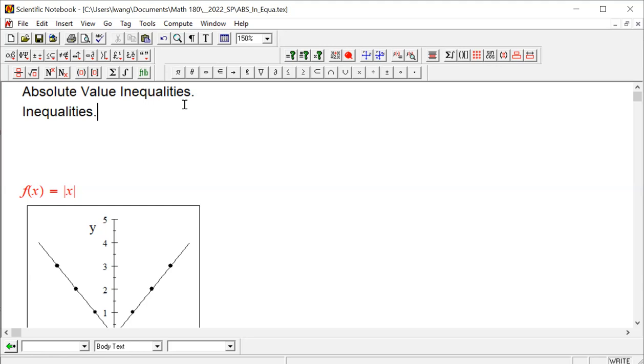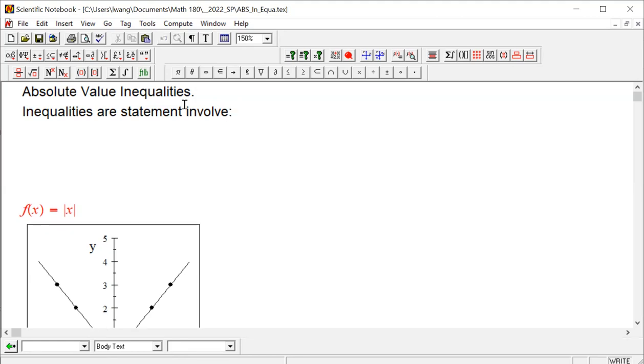Inequalities are typically statements that involve greater than. I'm going to enumerate these words.